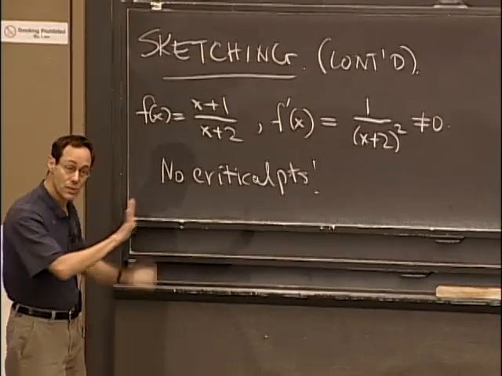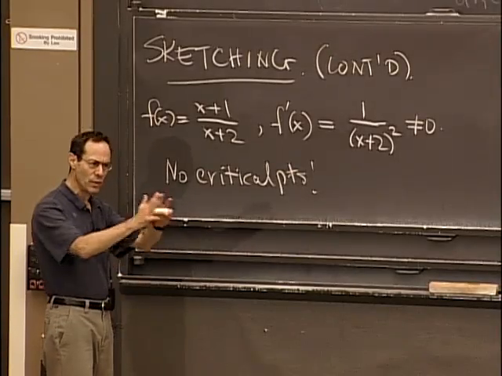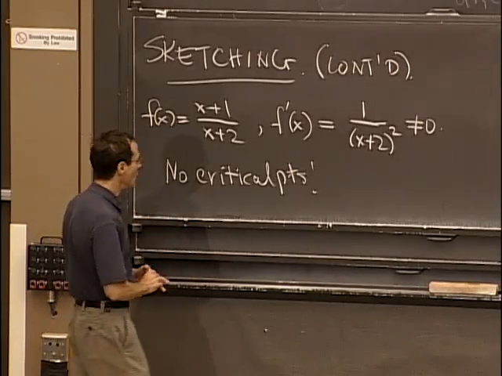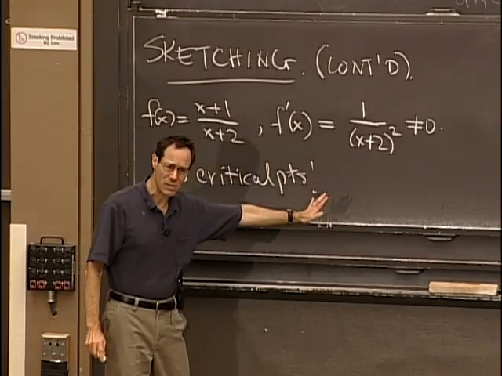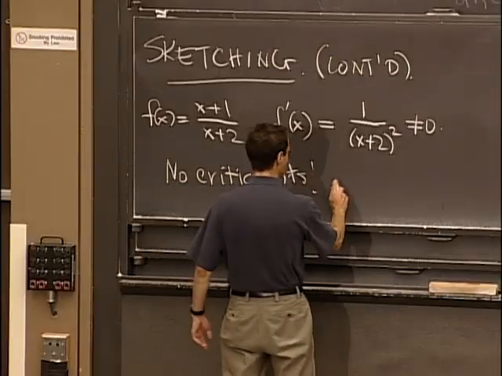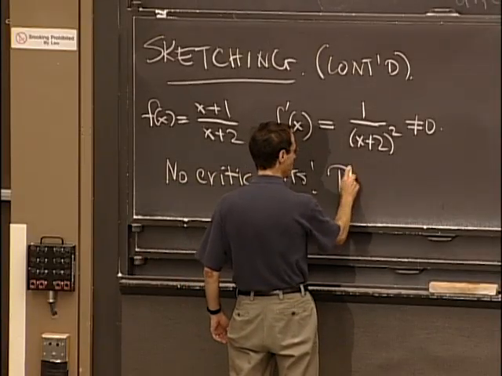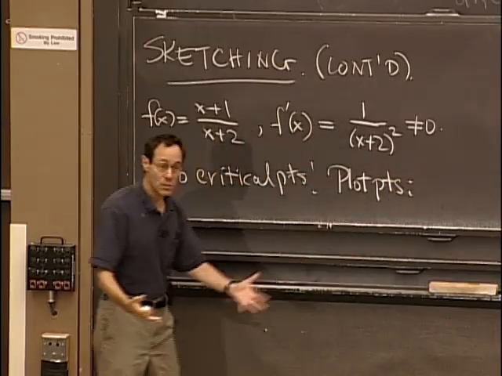In fact, that's a fairly sophisticated way of putting the point that I want to make, which is that what we want to do is go back to our pre-calculus skills and just plot points. Okay? So instead, you go back to pre-calculus and you plot some points. That's a perfectly reasonable thing.